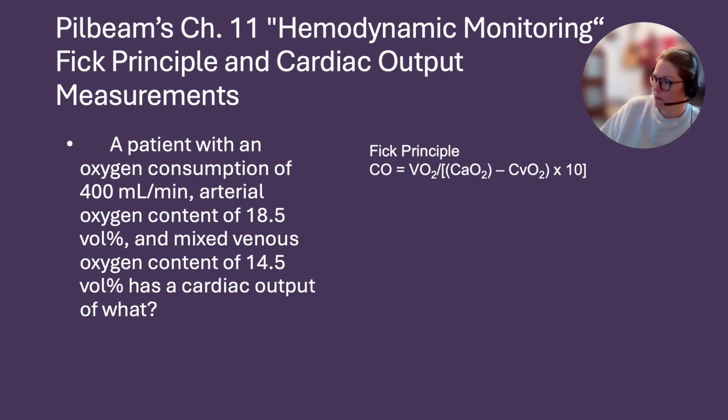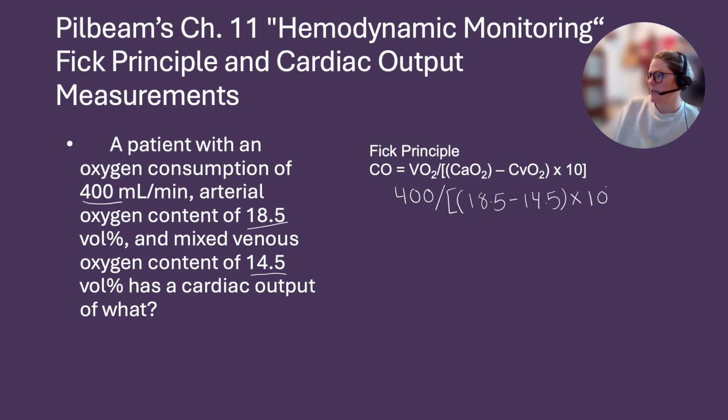All right, so we'll just plug in our numbers. Oxygen consumption, 400. Total O2, or our oxygen content, 18.5. Mixed venous, 14.5.